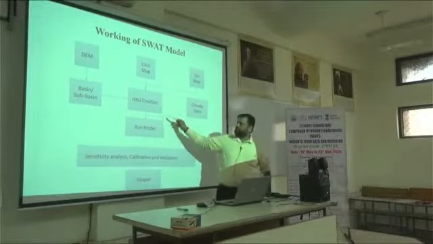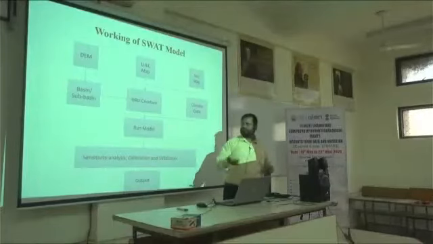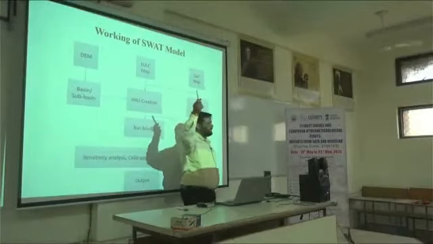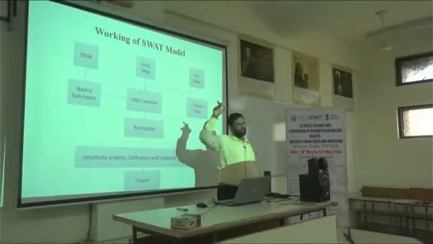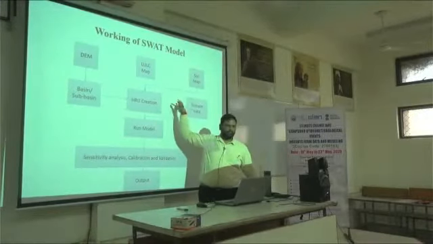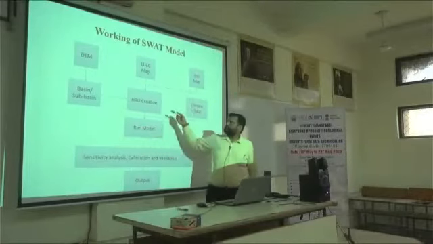Then it will aggregate all these HRUs at the sub-basin level, and then at the basin level, and then give the output, as I have shown in the previous slides, such as how precipitation is converted into runoff. Then we have to run the model. So these are the steps.